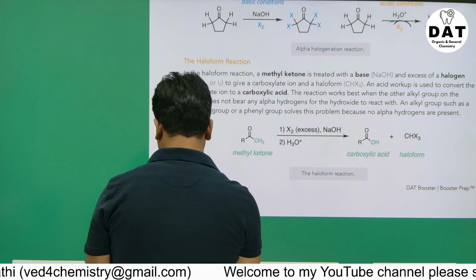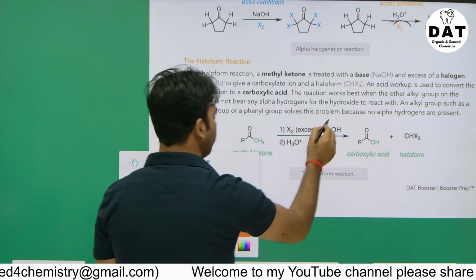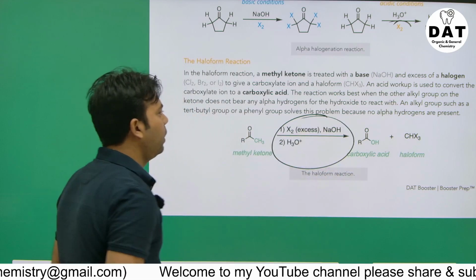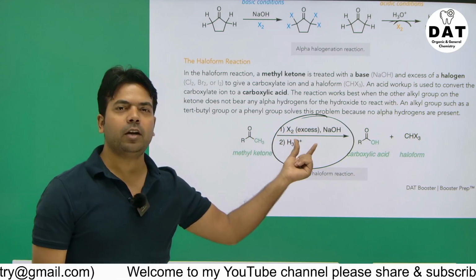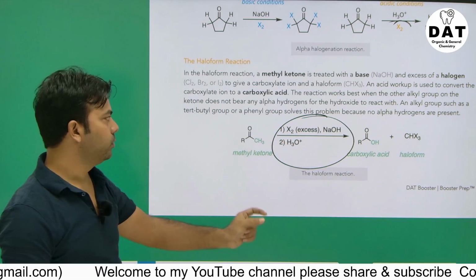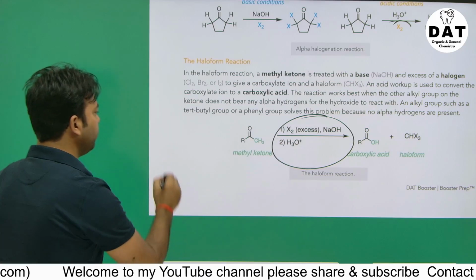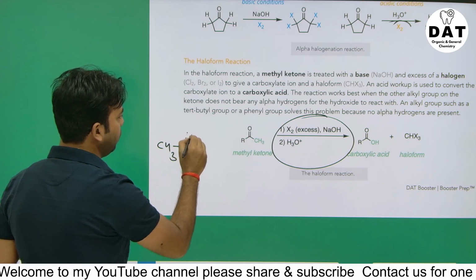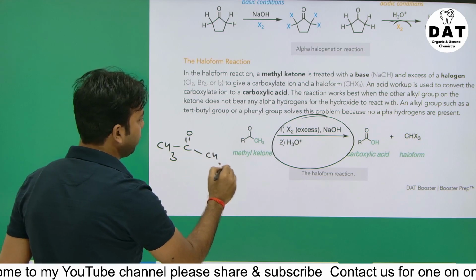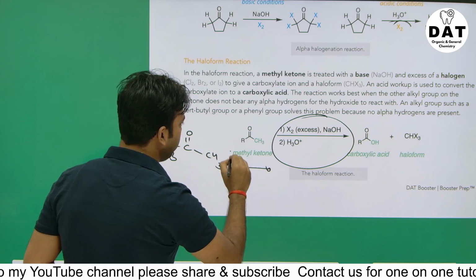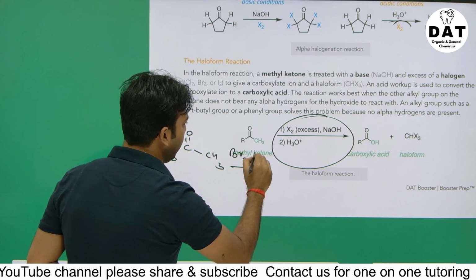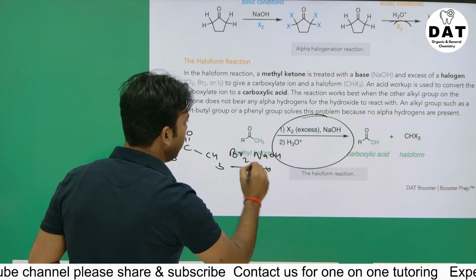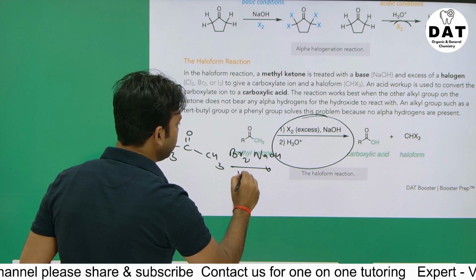This is important. X2 we can use here Br2, Cl2, I2. Clear? Suppose we have this one. I am saying CH3, C double bond O, CH3, and we are going to use here Br2, NaOH, and hydrolysis.